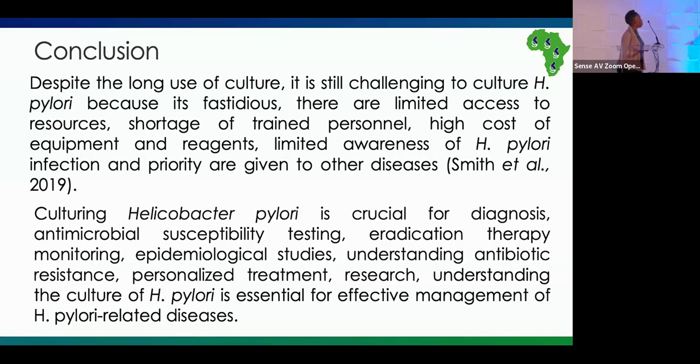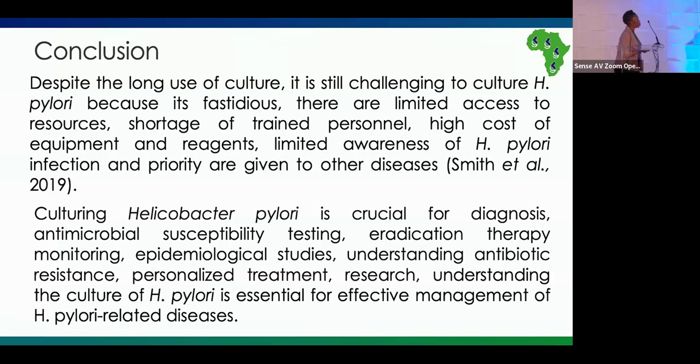Only a few personnel are trained on H. pylori culture. Equipment and reagents are costly. And all these things are challenging to the culture of H. pylori. So there is need to give priority to H. pylori research, because other infections like malaria, TB, and hepatitis are prioritized in Africa.